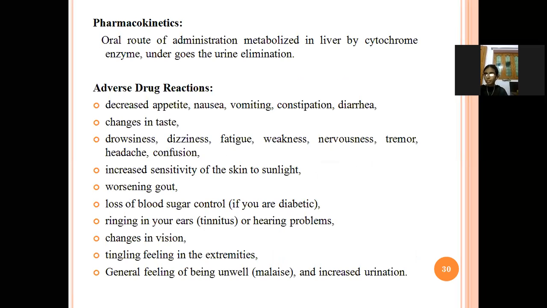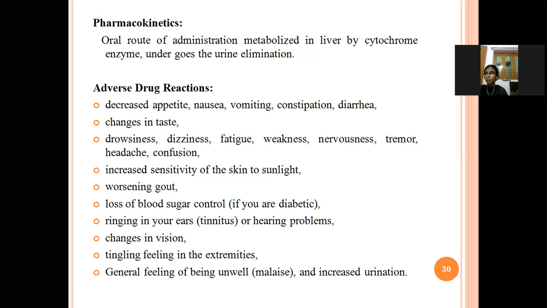And the adverse drug reactions are decreased appetite, which means loss of hunger, nausea, vomiting, constipation, diarrhea, change in taste, drowsiness, dizziness, fatigue, weakness, and nervousness, which means a feeling of fear, and tremors, headache, confusion, increased sensitivity of the skin to sunlight, which means they can't expose their skin to the sunlight, and gout, and loss of blood sugar control.